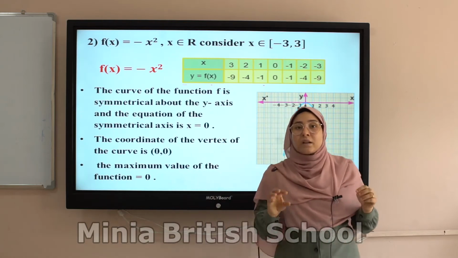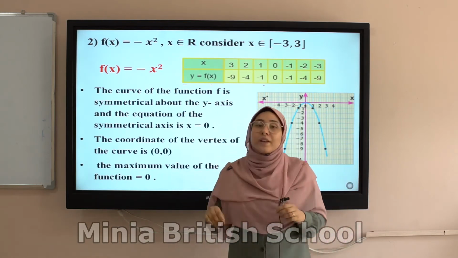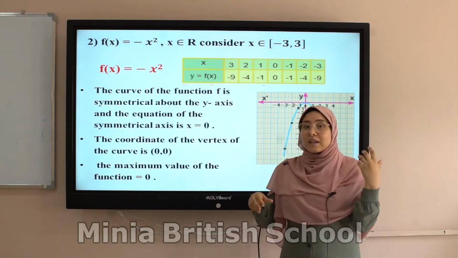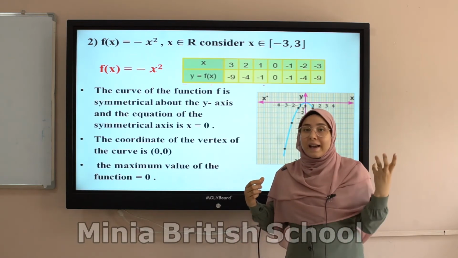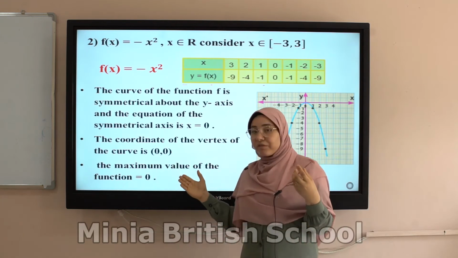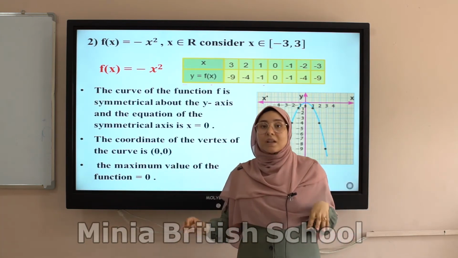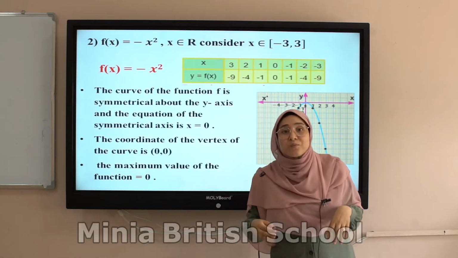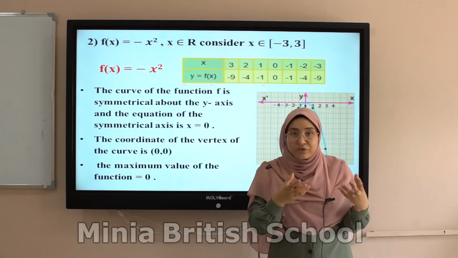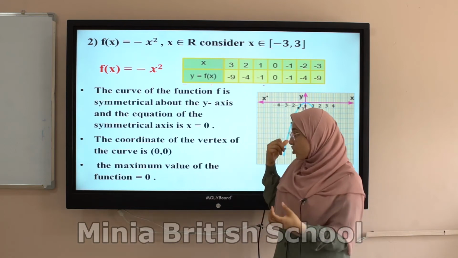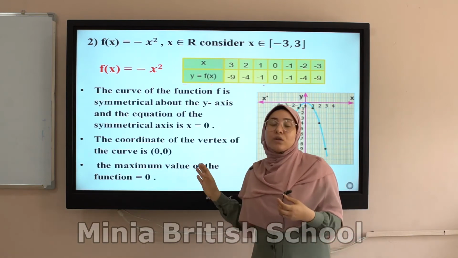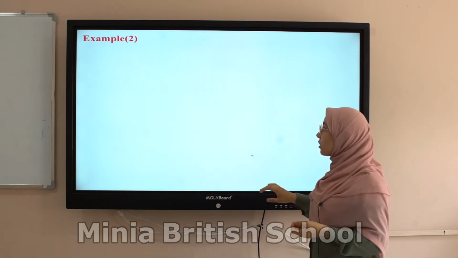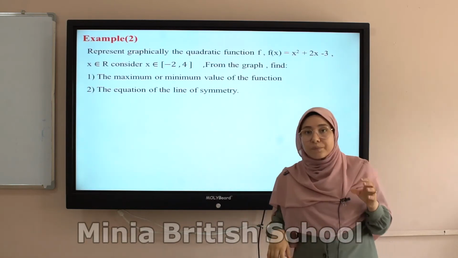So when the coefficient of x power 2 is a negative number, the function has a maximum value. But when the coefficient of x power 2 is a positive number, the function has a minimum value. Another exercise here, example number 2.